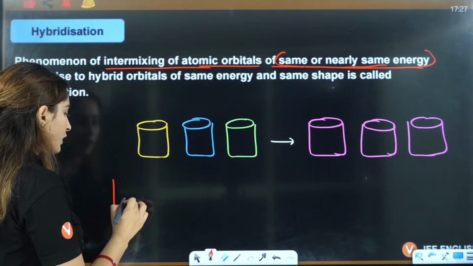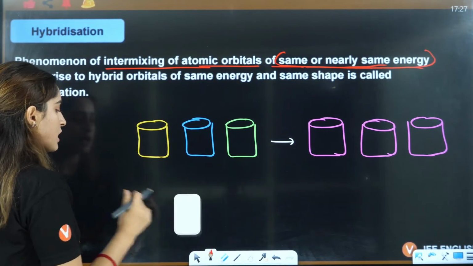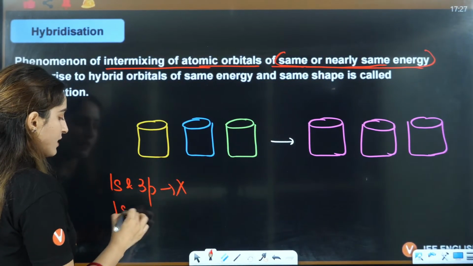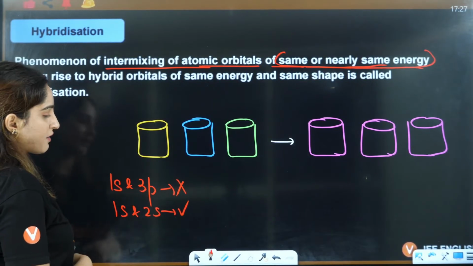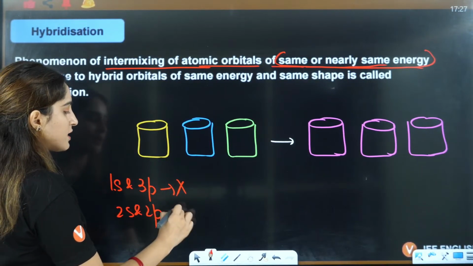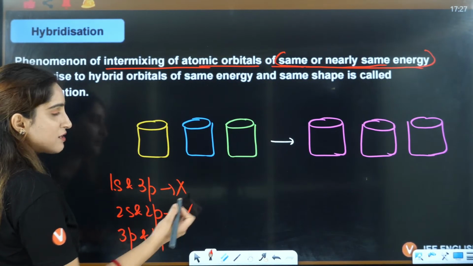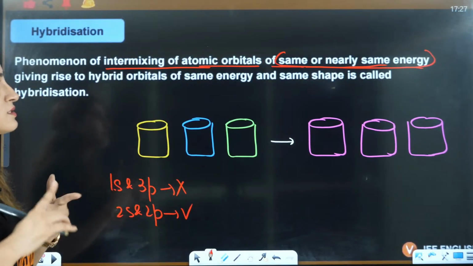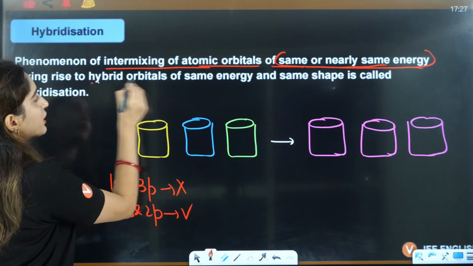Like if you want to intermix 1s with 3p, it's not possible, right? 1s and 3p intermixing is not possible. 1s and 2s intermixing is possible, but why would you do that? Let's say 2s and 2p intermixing is possible, but 3p and 4p intermixing is not possible. So you need to see that the orbitals have to be of same or nearly same energy, giving rise to hybrid orbitals.